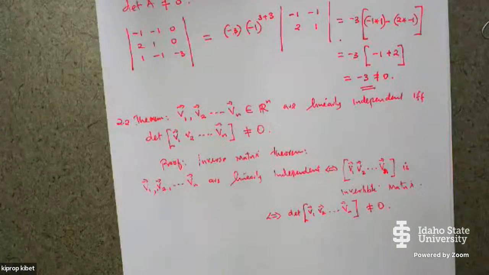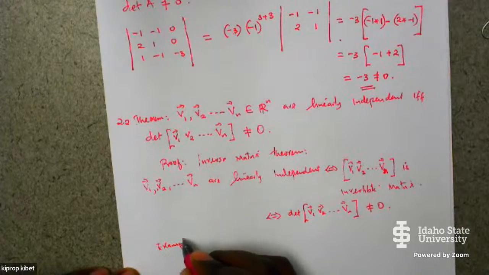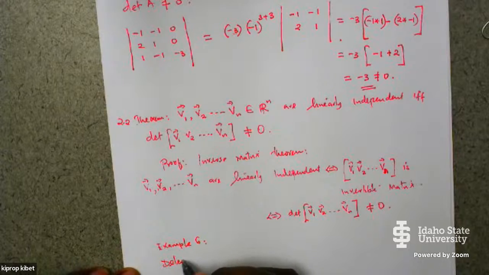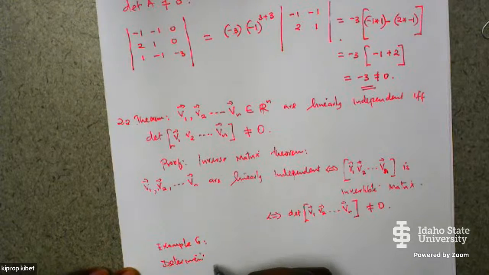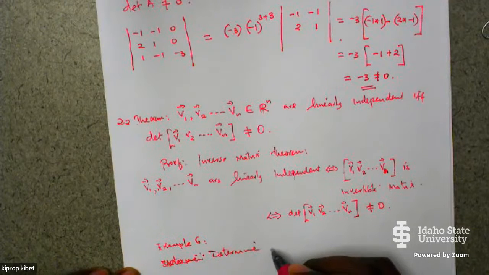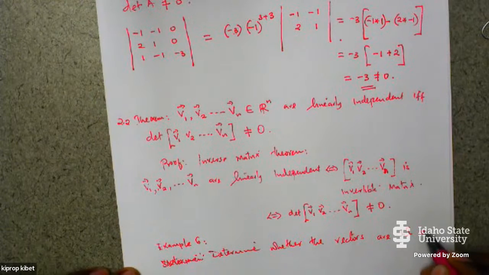For example, example number 6. Determine whether the vectors are linearly independent or linearly dependent.